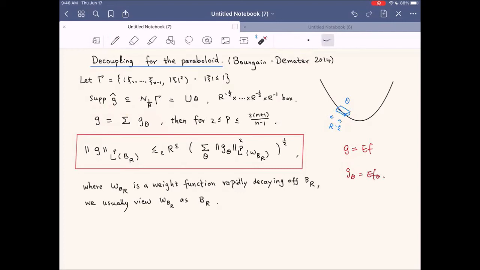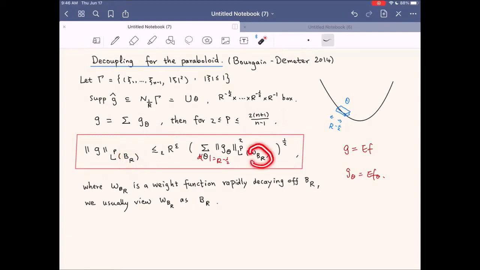And instead of having just the triangle inequality, Bourgain and Demeter show that when p is from 2 to the critical exponent 2 times (n plus 1) over (n minus 1), we have this little L2 decoupling inequality. The radius of theta is R to the minus a half, and the ball that we are considering is BR.